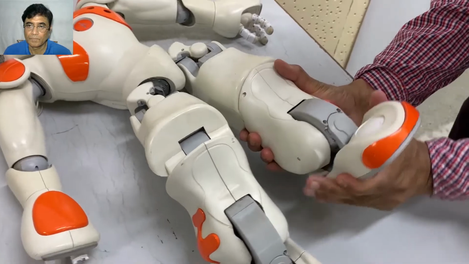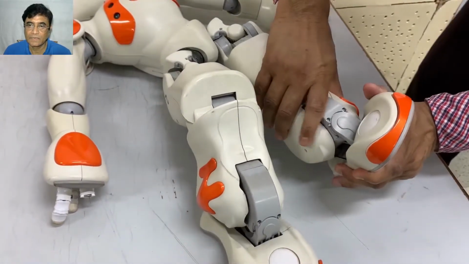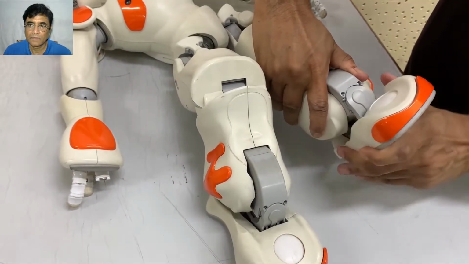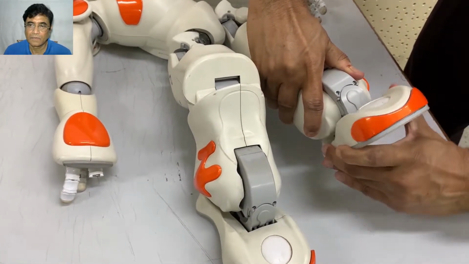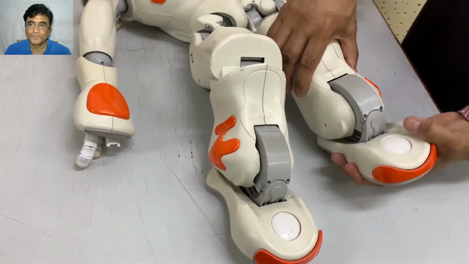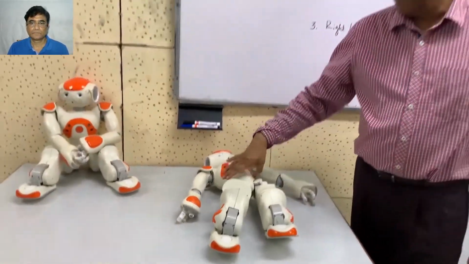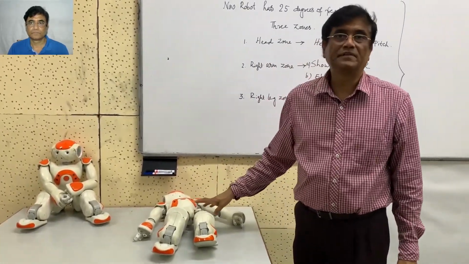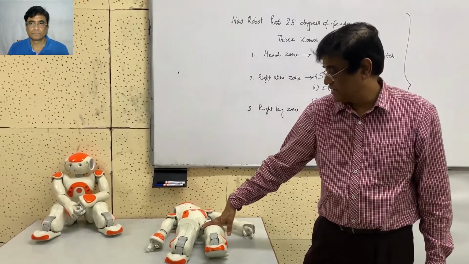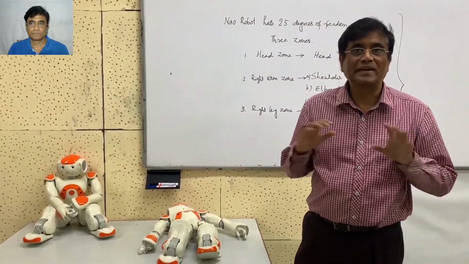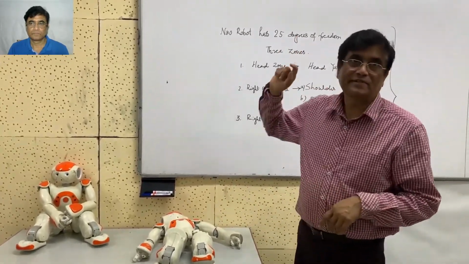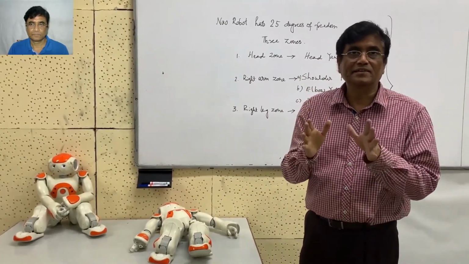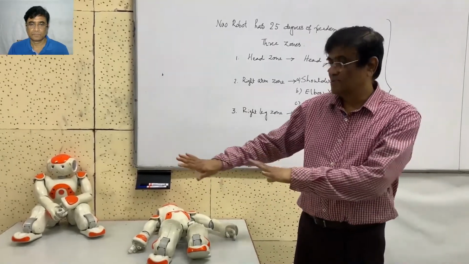I'm just constraining it so that you can see. So these are the 6 degrees of freedom each leg has, and 5 degrees of freedom each arm has. Again, as you know, it is not 25 degrees of freedom; it has 6 degrees of freedom and 19 degrees of mobility. Okay. So, clear.